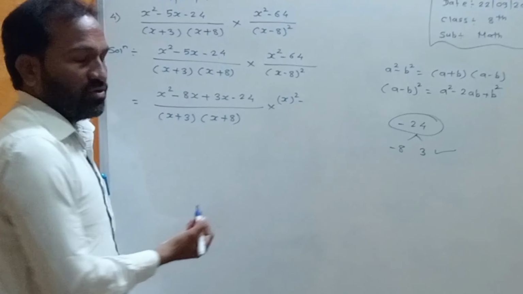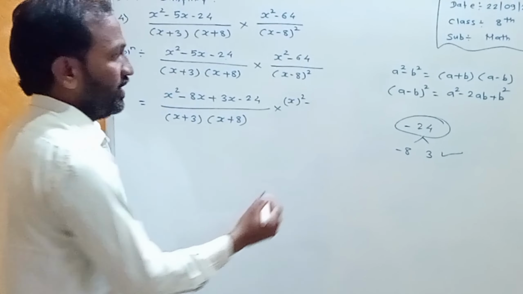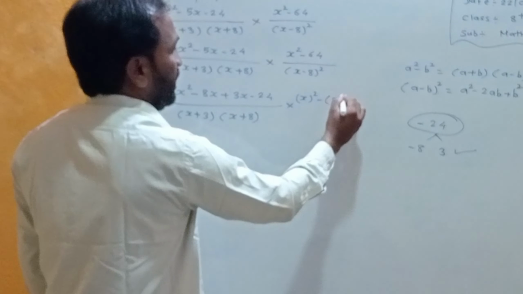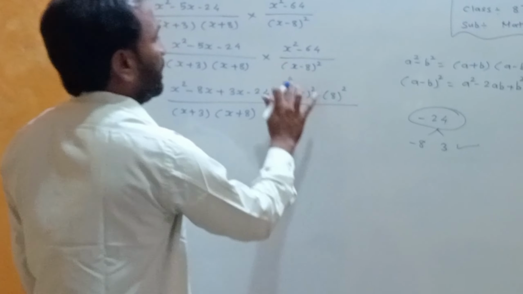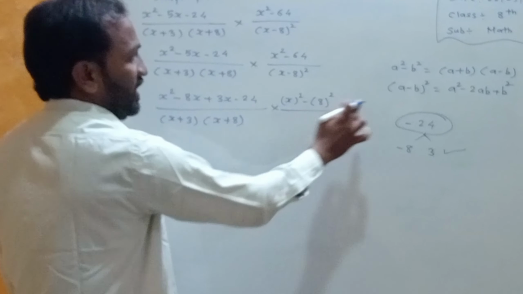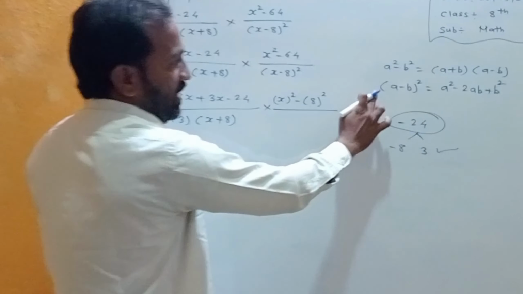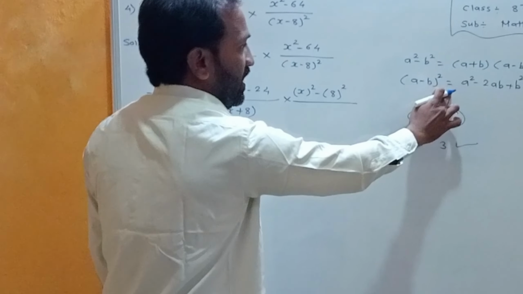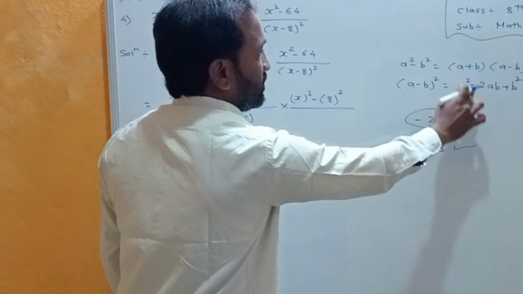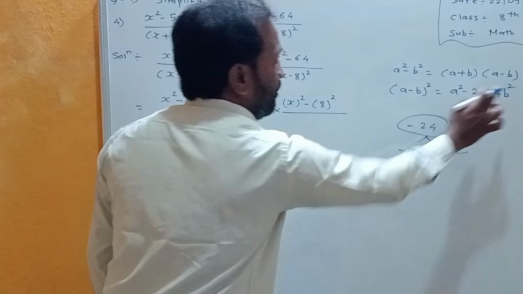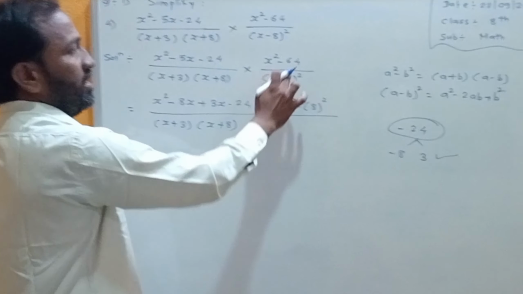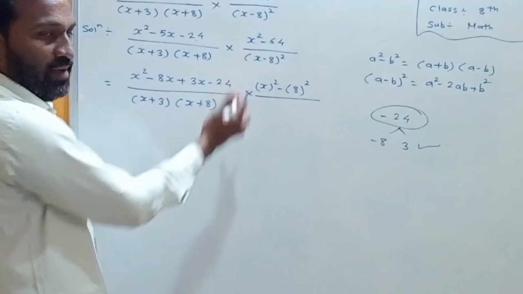What is the square root of 64? 8, in bracket 8 whole square. (x − 8)² is equal to the expansion formula: (a − b)² is equal to a² − 2ab + b². (x − 8)². Tell me the answer.